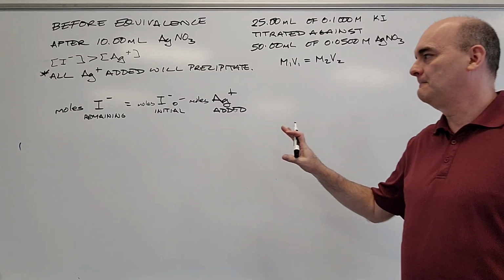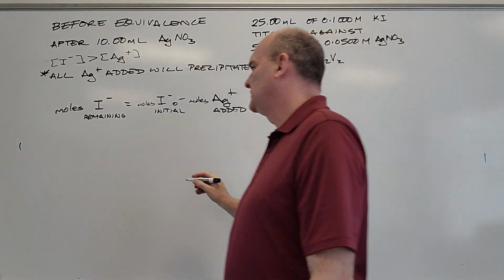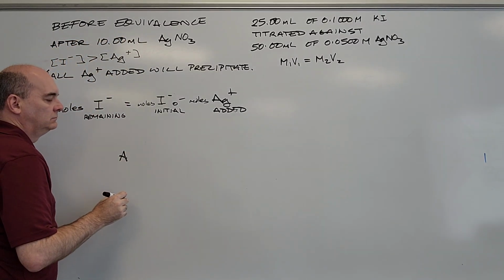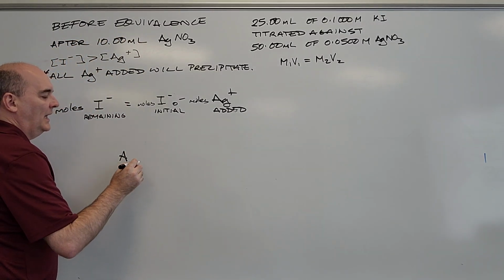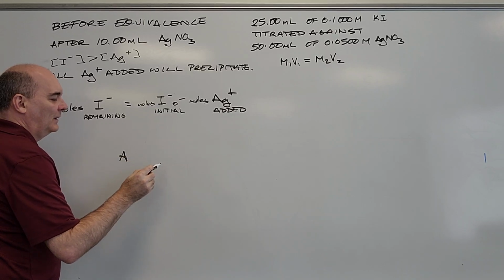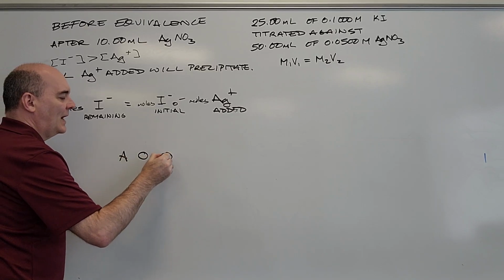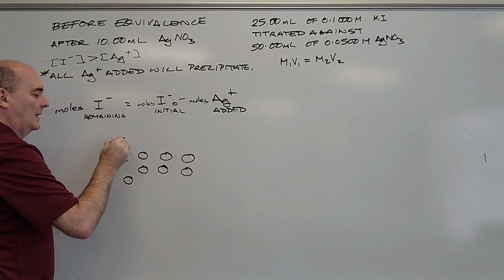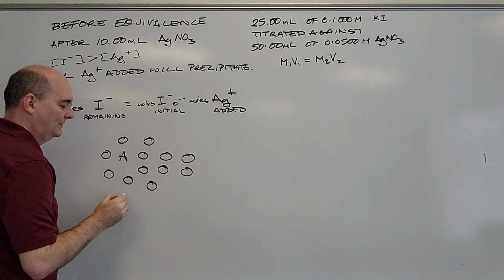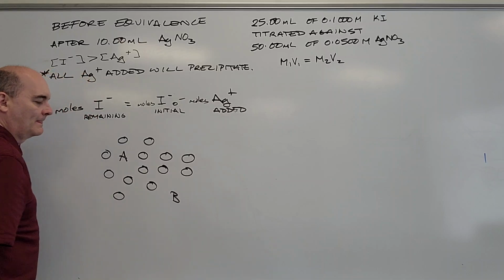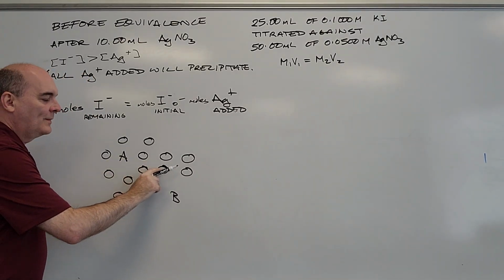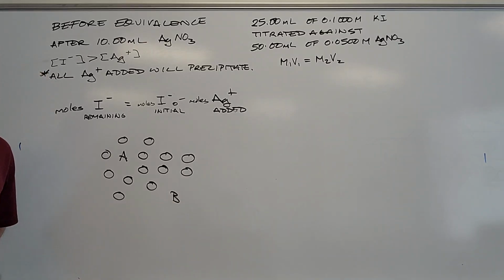So, here's a reactant A. If it is surrounded by inert material, and it has to swim through that inert material to get to reactant B in order to make the reaction.